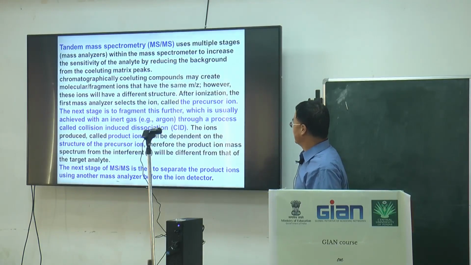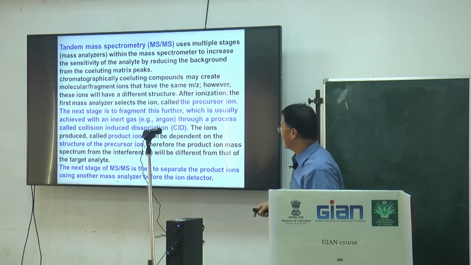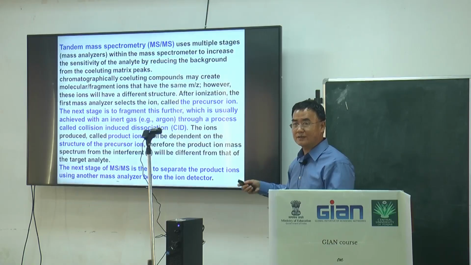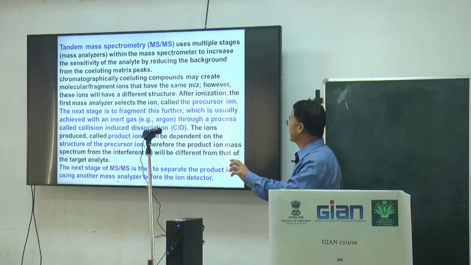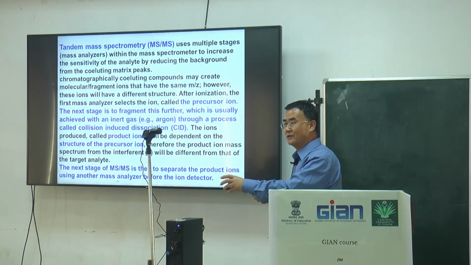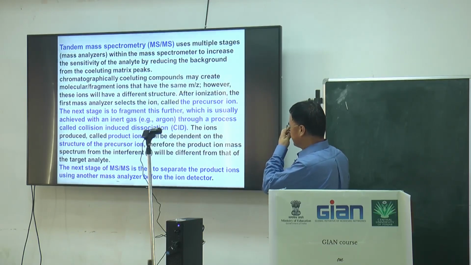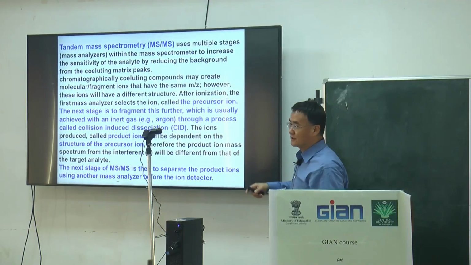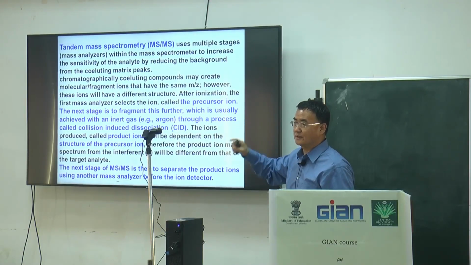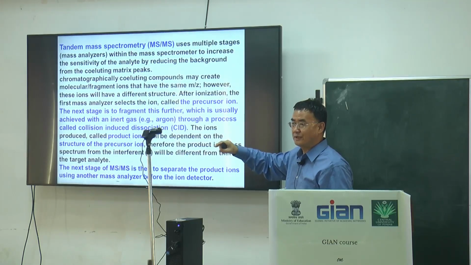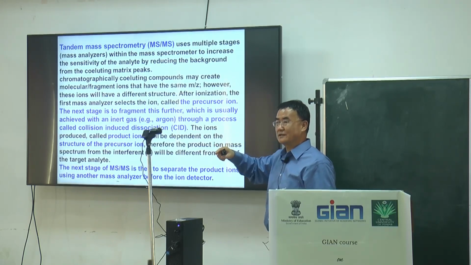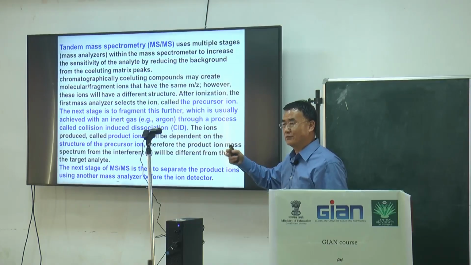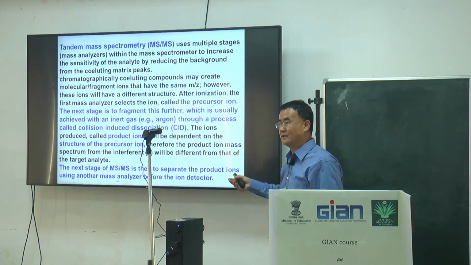This product ion will depend on the structure of the precursor ion. So later we will talk about how they use the selected ion as the marker of a certain product or certain metabolite. So later we only check if they have this type of ion peak, then we can determine if the standard for the molecule it stands for is present or absent.